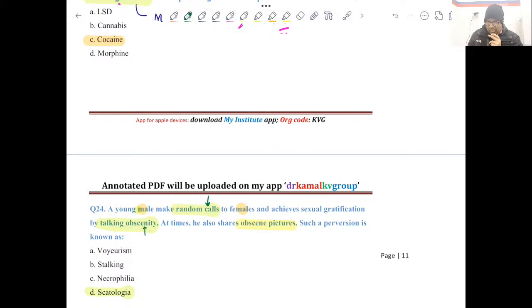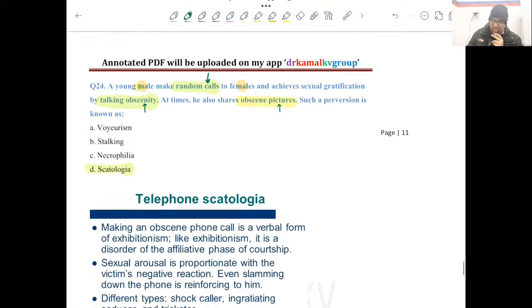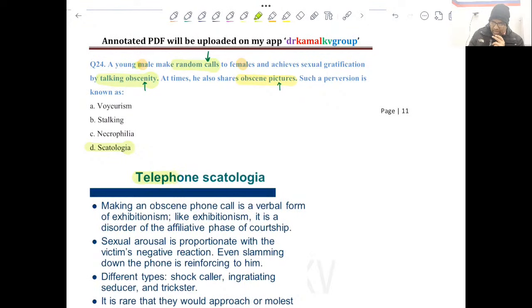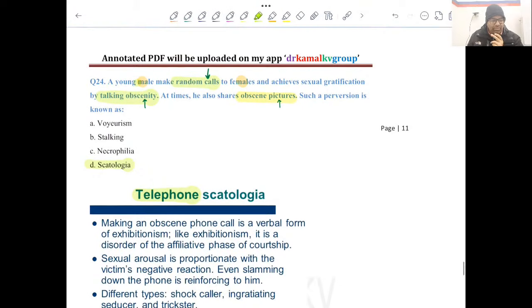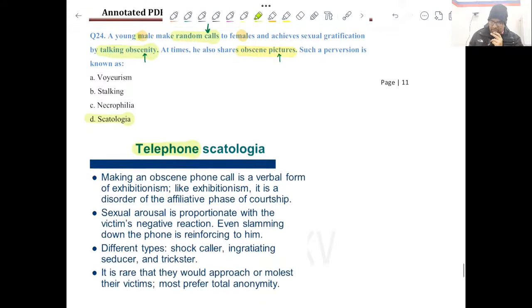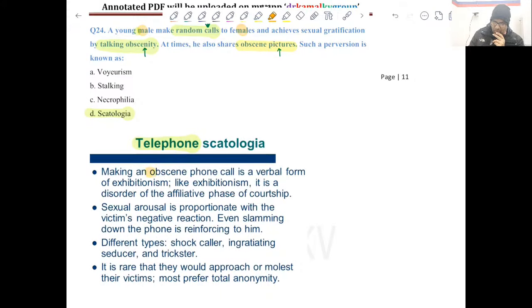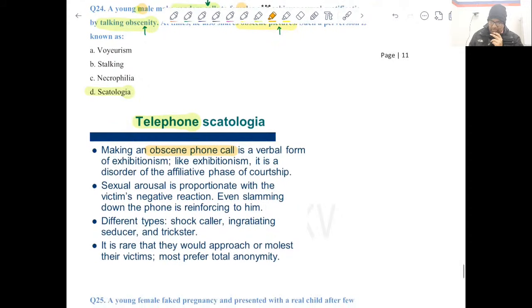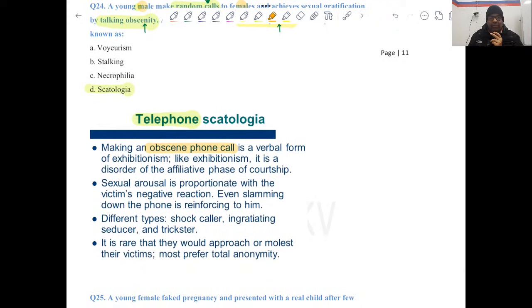Talking useless things, sometimes sharing useless pictures. So that is known as telephone scatologia. Okay? Now stalking means following someone. Stalking is different, and this is scatologia. Clear? So the person is making obscene phone calls, and this is one verbal form of exhibitionism, right? So this is telephone scatologia.